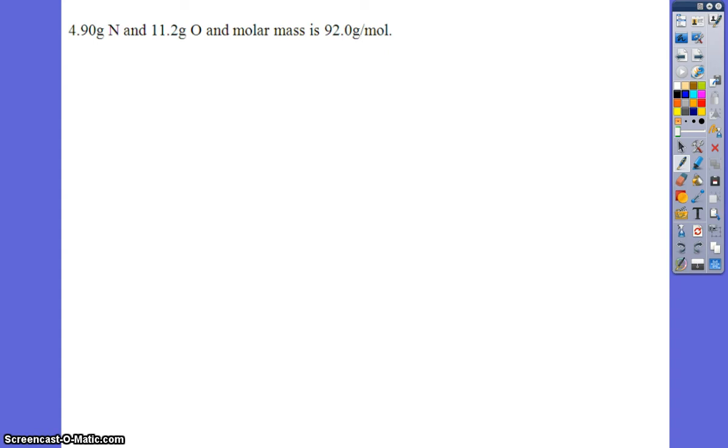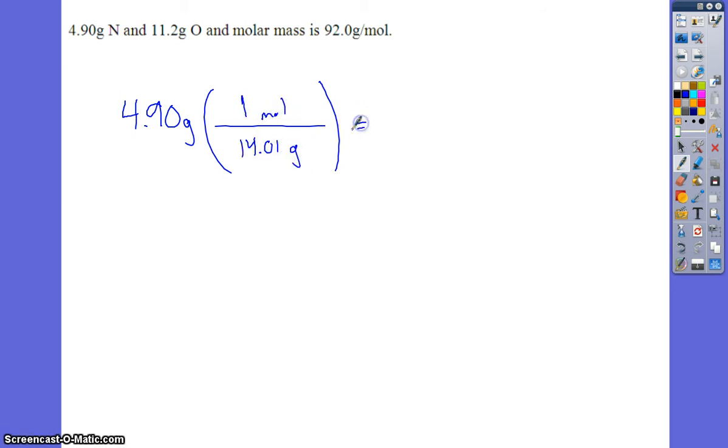All right, since there's time, we're going to work through just one more. What if I have a compound that, in lab, I found was made up of 4.9 grams of nitrogen and 11.2 grams of oxygen. It has a molar mass of 92.0 grams per mole. So again, I start off with the bag. I got 4.9 grams of nitrogen. This one's not done as percent, so we just take the grams as is and go by 1 mole per 14.01 grams of nitrogen.